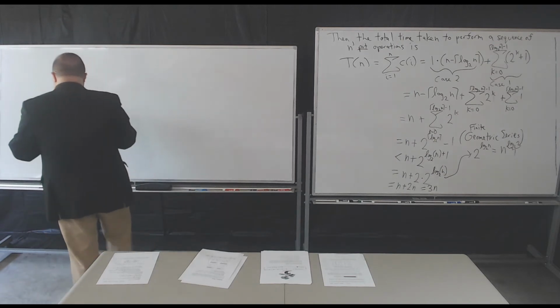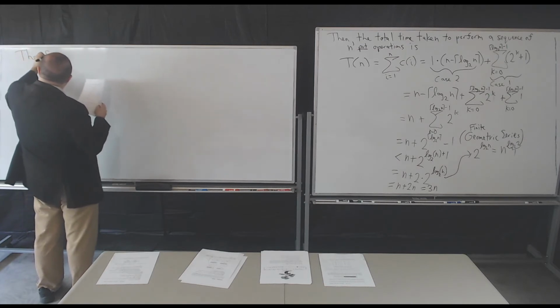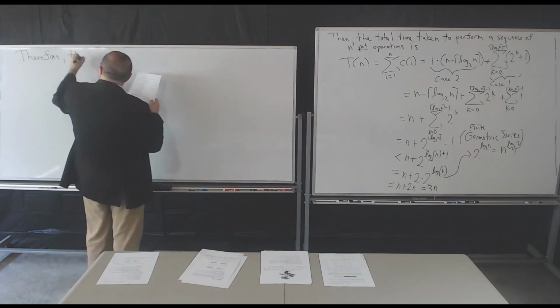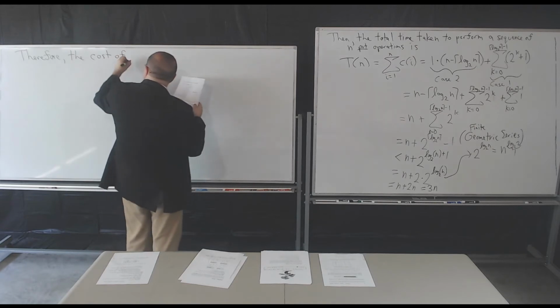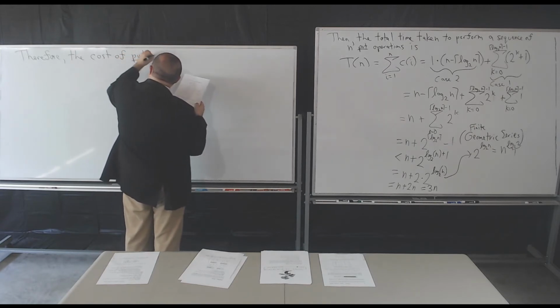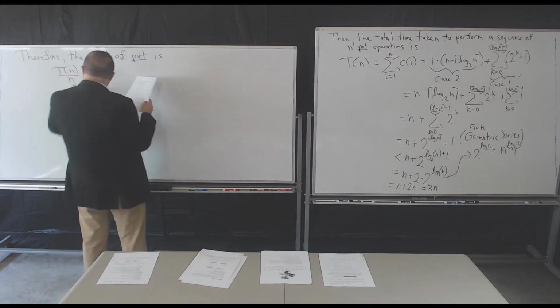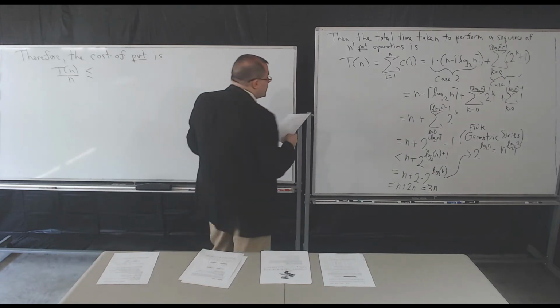It's at most 3n. Therefore, the cost of put in the aggregate method that we're using, the method of put is what? Remember, it's T of n over n, which we already established that T of n is less than 3n, right?